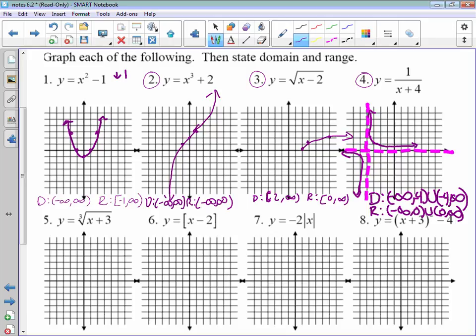Good job, guys. Okay, so when you're graphing these, like on number 3, showing these 3 points is definitely enough. Honestly, on number 4, if you show this point right here and this point right here, and then follow your asymptotes, I'm okay with that.